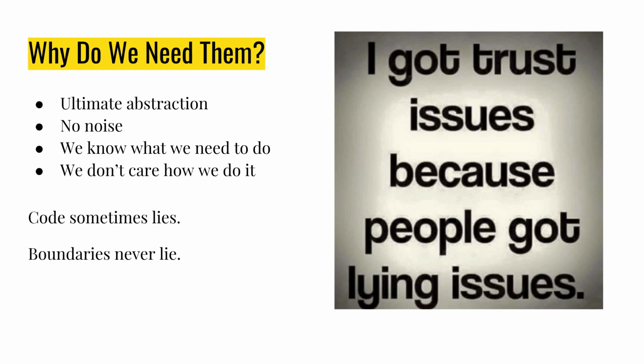You know what you need to pass and you know what you need to get or do. So that cannot lie. It's just a contract. The implementation can lie, but the contract will not. Thus, boundaries are a great thing for setting up trust for your code and being able to work around it if it doesn't work the way you want.